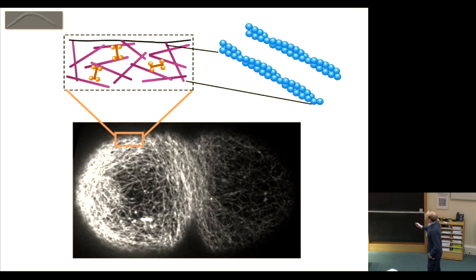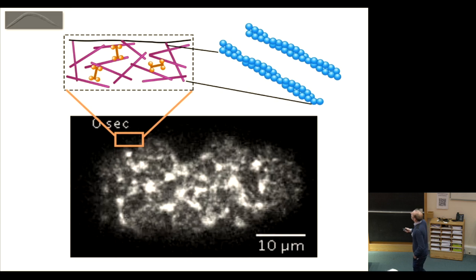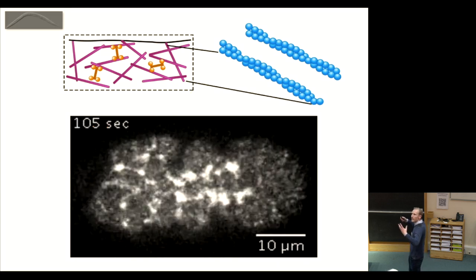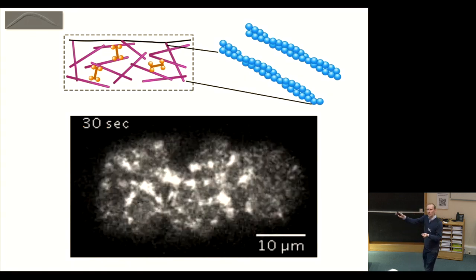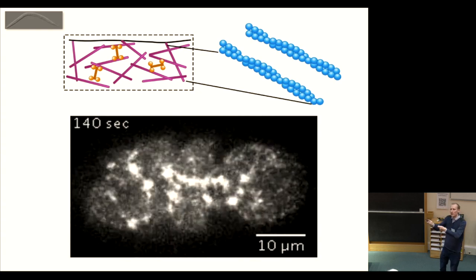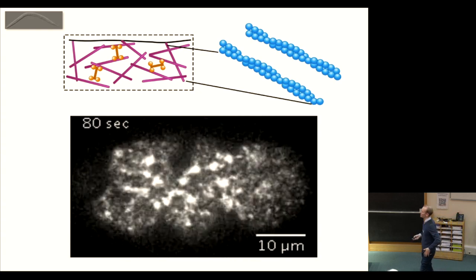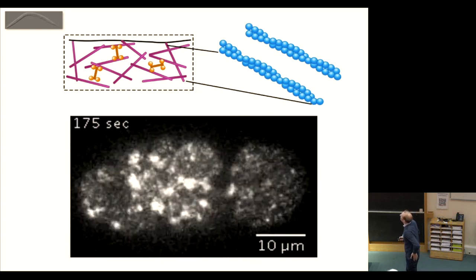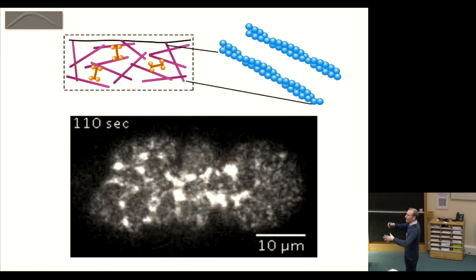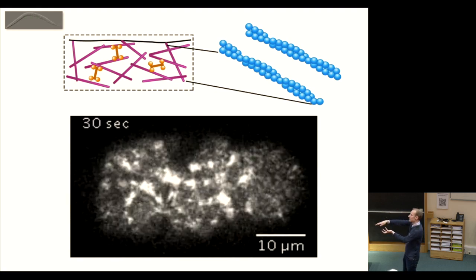And when now these myosin motors are walking across these filaments, you get a very complicated dynamics because now these myosin motors will pull and push on actin, move the cortex around, and this gives you some sort of emergent dynamics. So this is still a single cell, and we're looking on the side of the cortex.